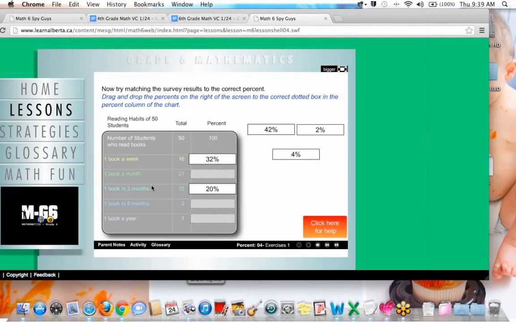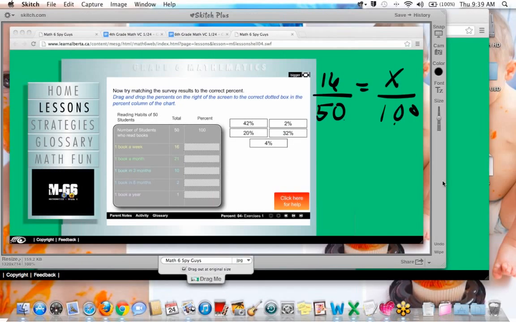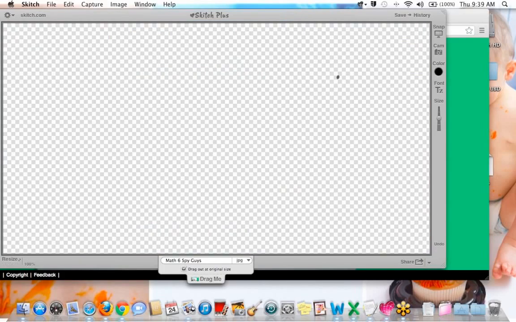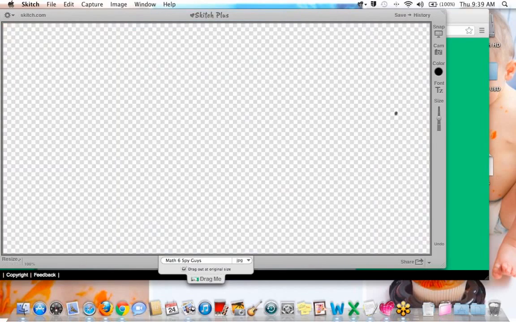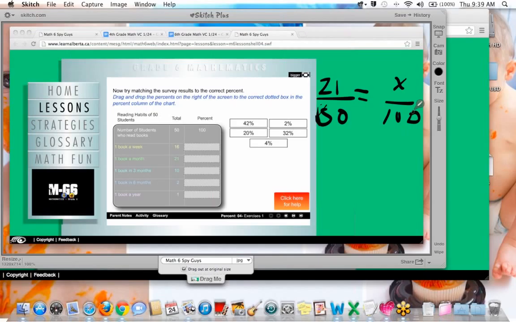Okay. So now we have one book in a month, so we have 21 out of 50. So I'll go ahead and show 21 out of 50. Oh, geez. My pen is not great today. And we need to turn it into an equivalent fraction out of 100.